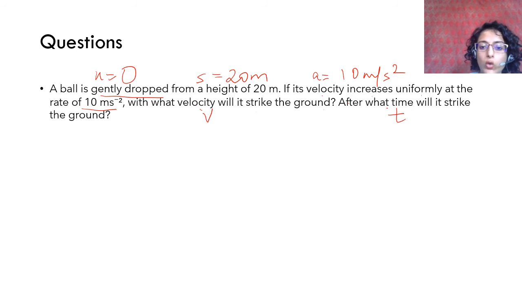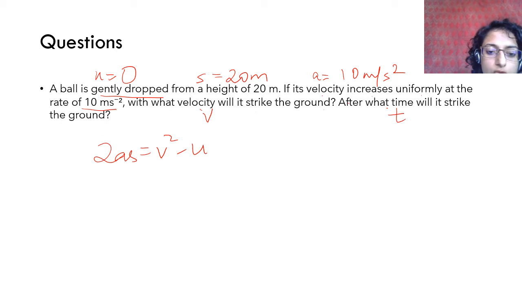V और T दोनों calculate करना है. So here we can use the formula 2as is equal to V square minus U square. Okay.